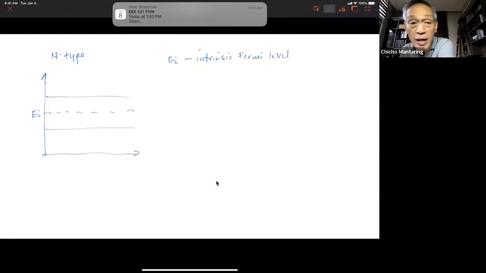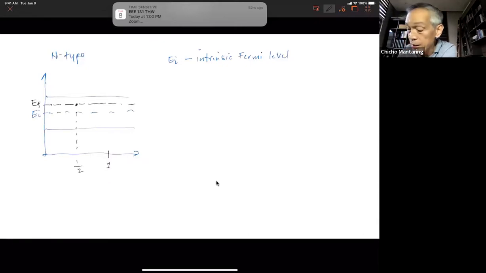If you have an N-type semiconductor, what happens is your Fermi energy or your Fermi level is pushed up. This becomes your new Fermi energy. That's when the probability becomes equal to 1/2. So if you take a look, if this is 1, this is equal to 1/2.